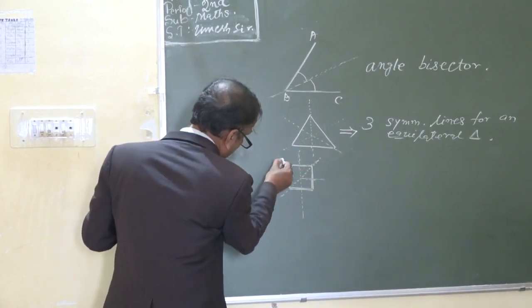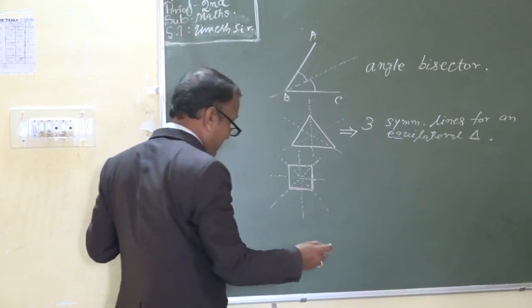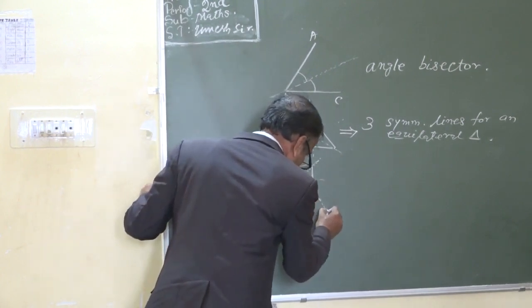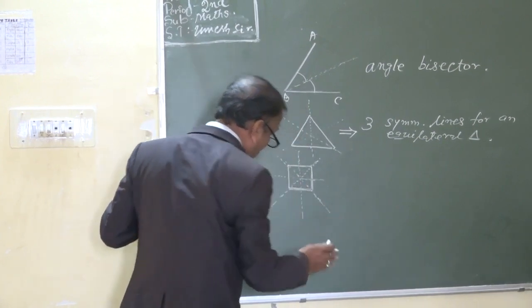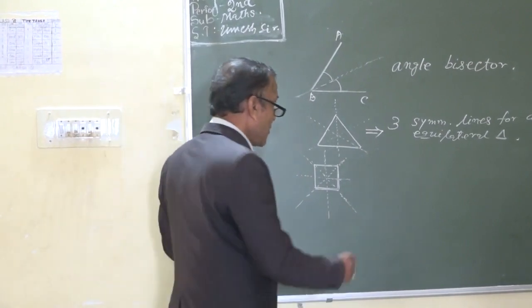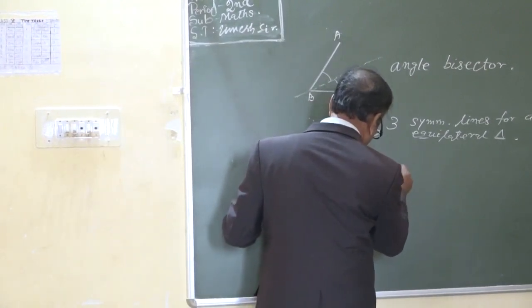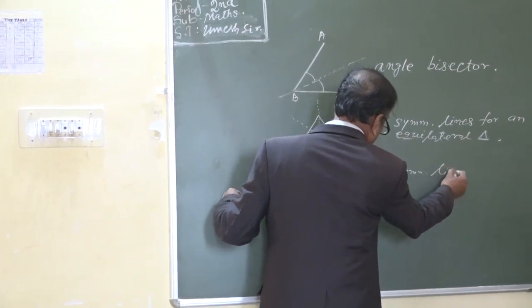Through the diagonal also, that day by paper folding I showed you, yes or no? It is becoming equal halves. So for a square, four symmetrical lines are there.